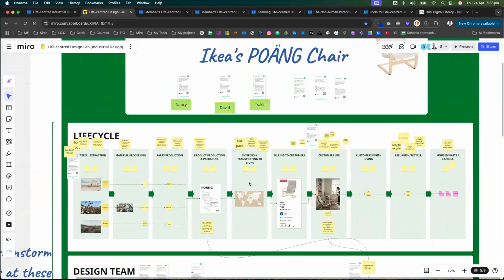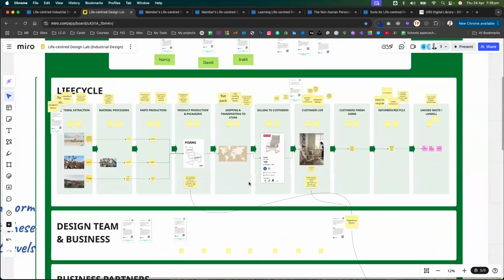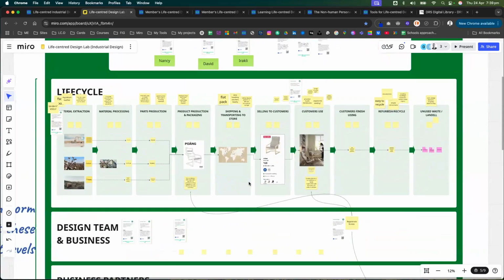So you can see how that lifestyle design is getting you to think beyond just the product design, by utilizing business strategies to connect to global issues, to think longer term, as you did, Irakli, even just beyond the life cycle of the product. What are the longer term planetary impacts?